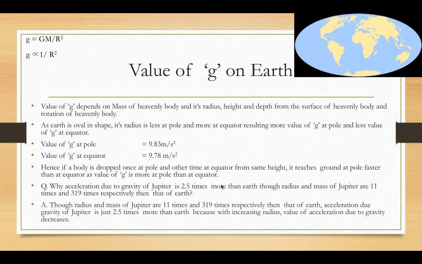So the answer is, though the radius and mass of Jupiter are 11 times and 319 times respectively that of Earth, the acceleration due to gravity of Jupiter is just 2.5 times more than Earth. Because with increasing radius, here you can see the radius is increased by 11 times, the value of acceleration due to gravity decreases. Because of that, it has increased by just 2.5 times.